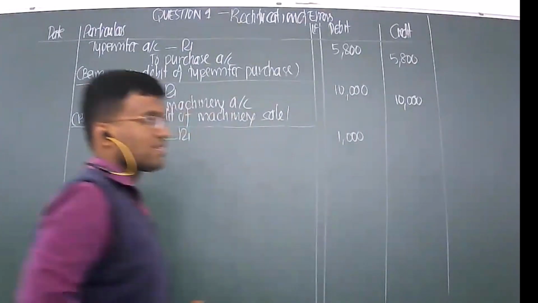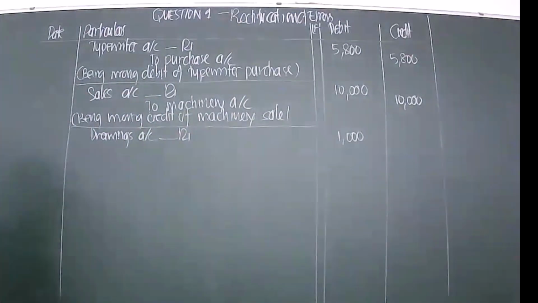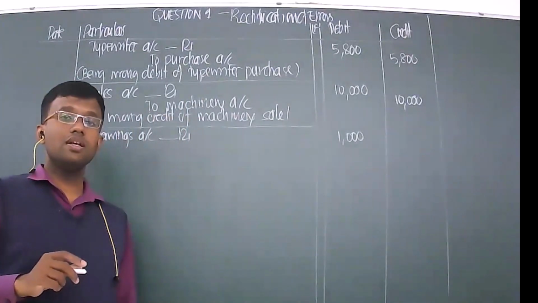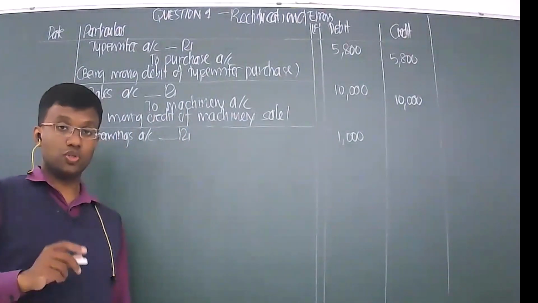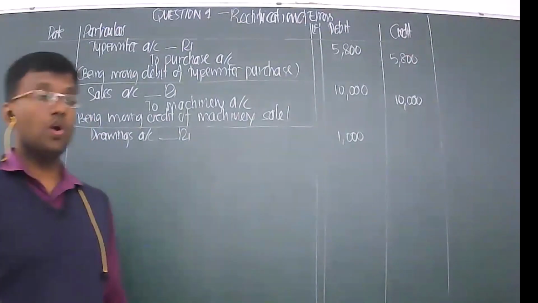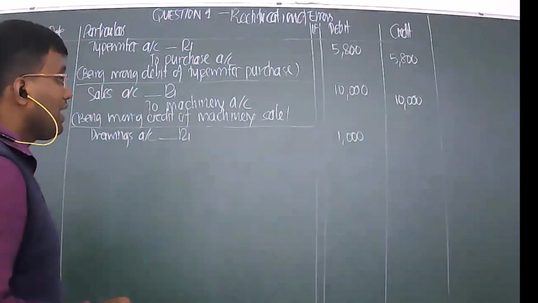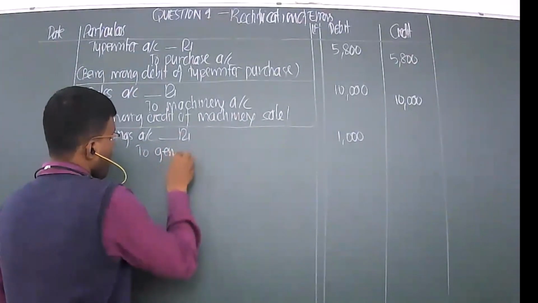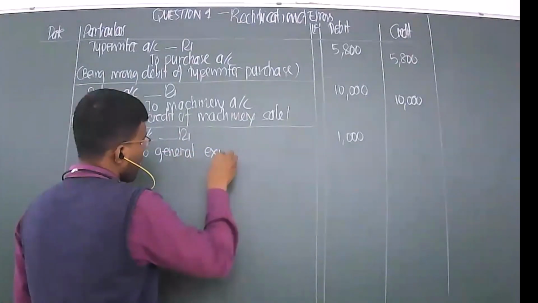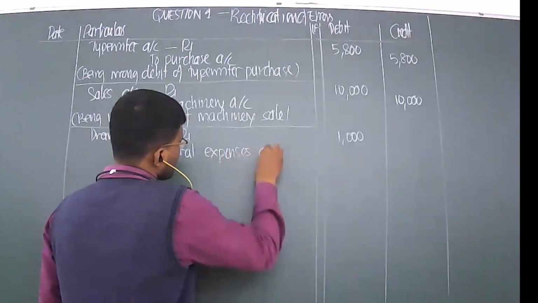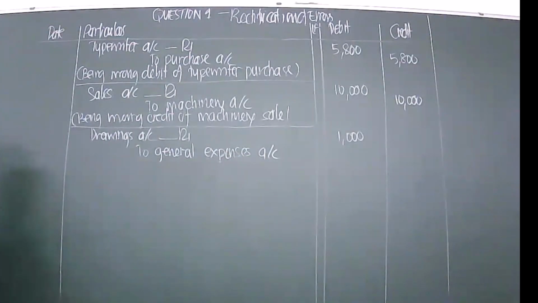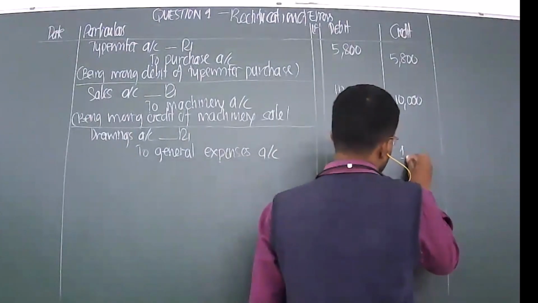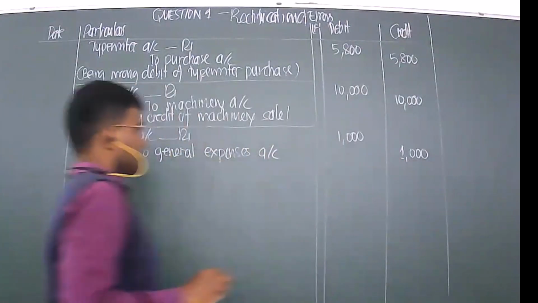To general expenses. General expenses is what type of account? General expenses is nominal, and general expenses account here has been debited. So general expenses account is over debited. Over debit, how do you rectify? You rectify by crediting. So to general expenses account, rupees 1000.